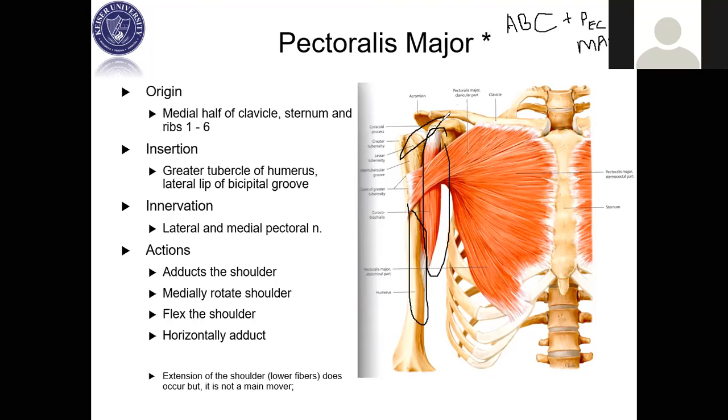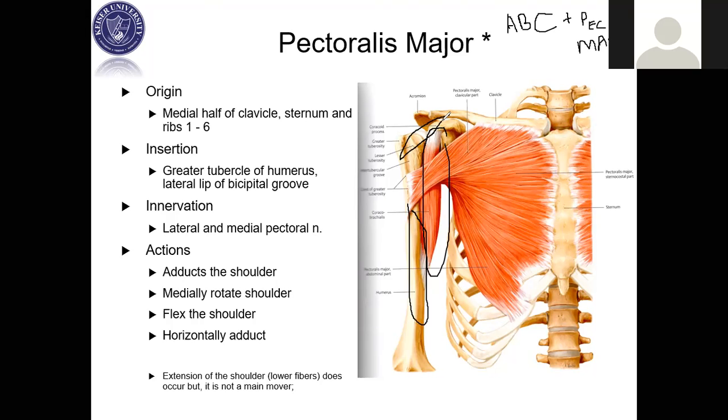So pec major has three major movements so far. It adducts the shoulder, bringing the shoulder back. It internally rotates the shoulder, or medial rotation, and it does shoulder flexion. It does a fourth movement, and it's a movement that we did not go over in the third Zoom video.